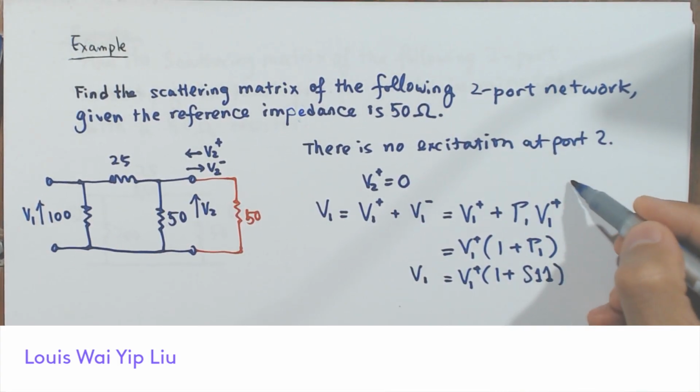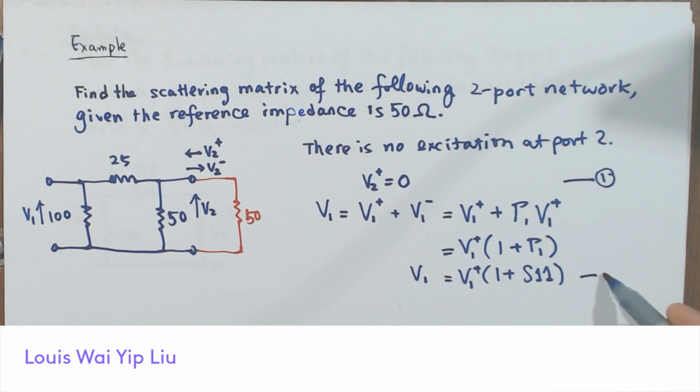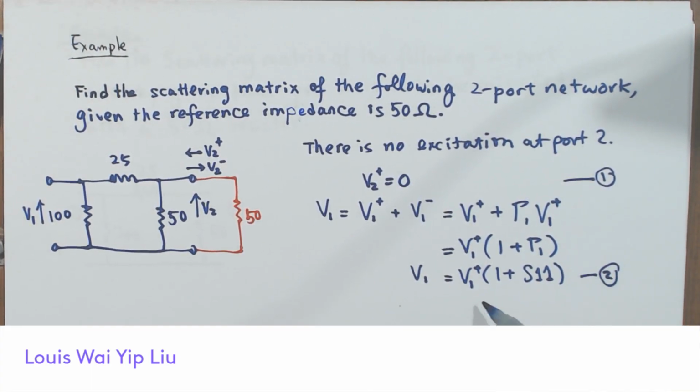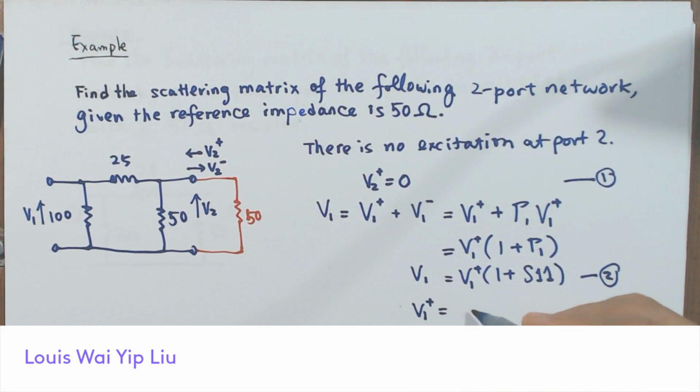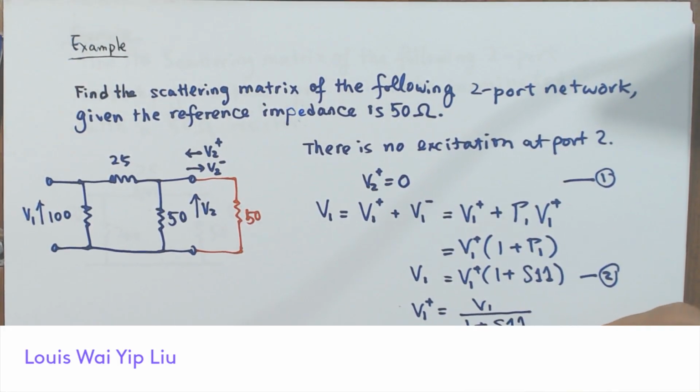We have two equations, right? Let's say this is 1 and this is 2. According to 2, we can say V1 plus is equal to V1 over S11. Let's say this is 2A.